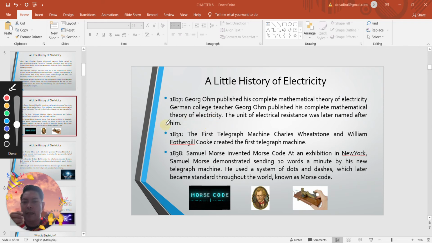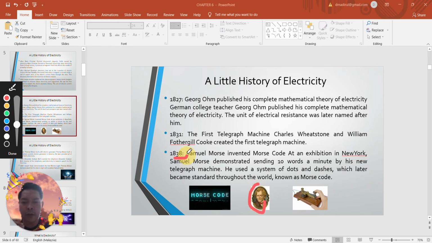Furthermore, in 1831, the first telegraph machine was created by Charles Wheatstone and William Fothergill Cooke. This is an example of the first telegraph machine. This picture shows George Ohm, the German college teacher, who published his complete mathematical theories of electricity.